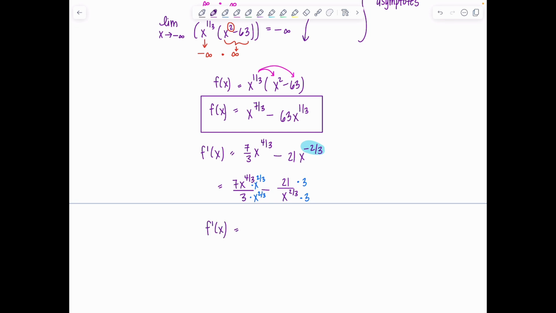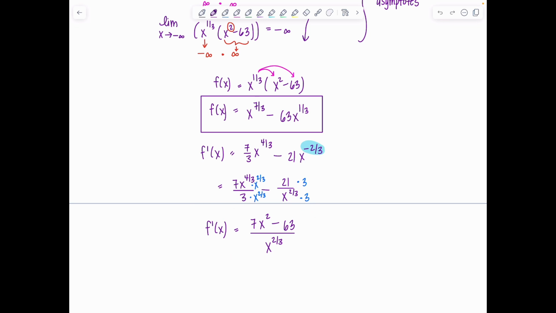So f prime of x is going to be, remember, we add these exponents together when multiplying. So 4/3 plus 2/3, that's 6/3, better known as 2. Yes, so this is 7x squared minus 21 times 3 is 63 over 3x to the 2/3. Wow, wow, wow. What a beautiful f prime of x we have here.